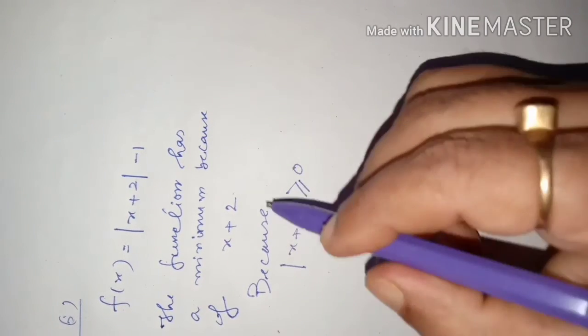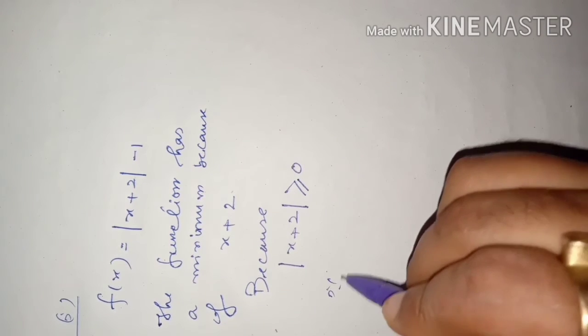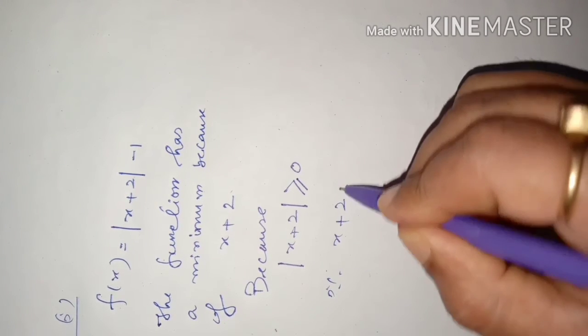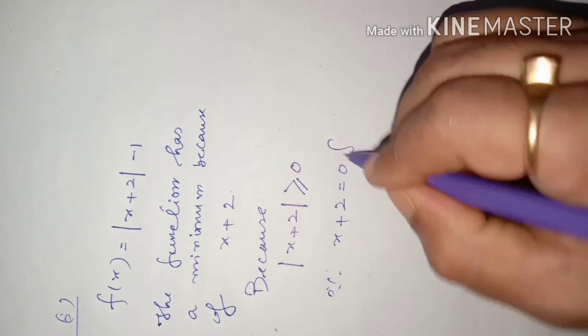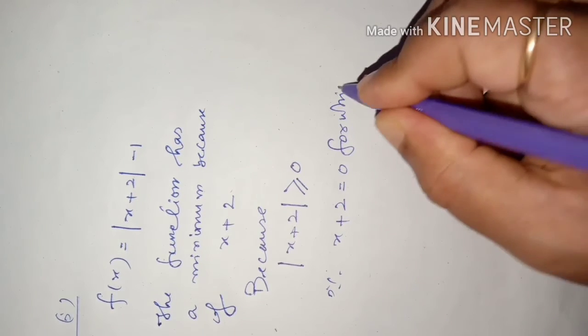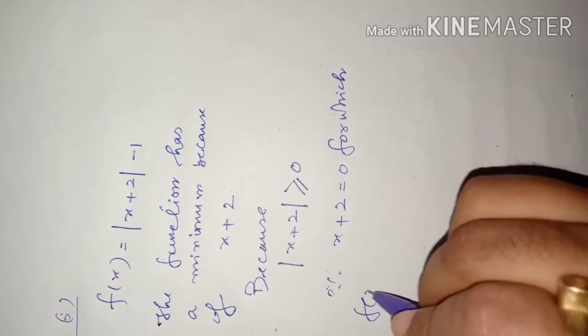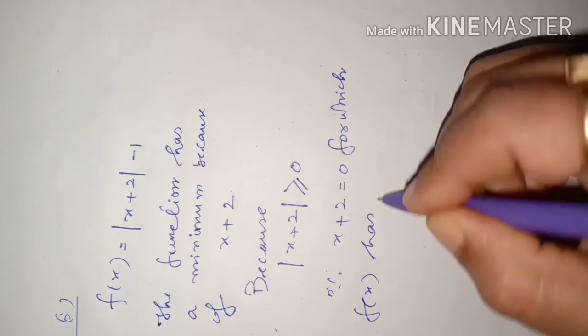That means it can have minimum value 0. That is, x plus 2 can be equal to 0, for which f of x has minimum value.